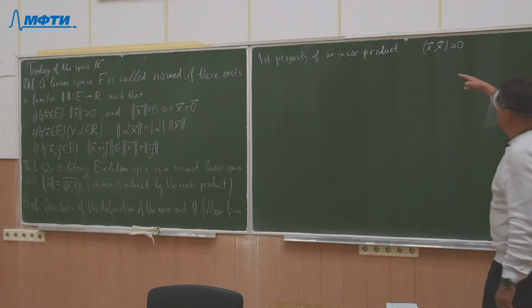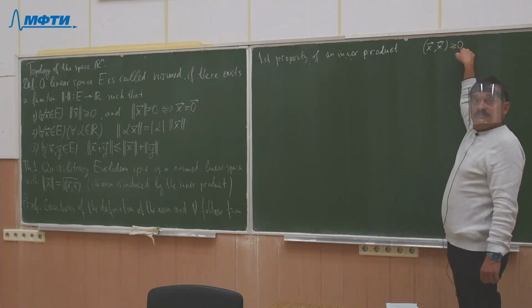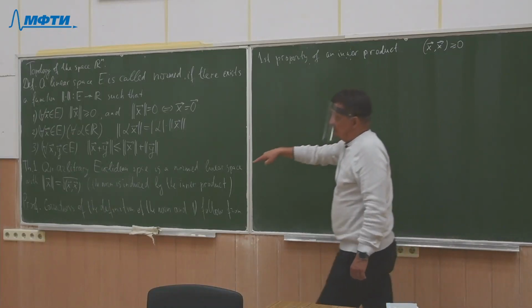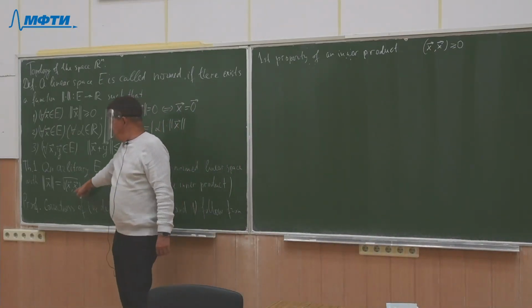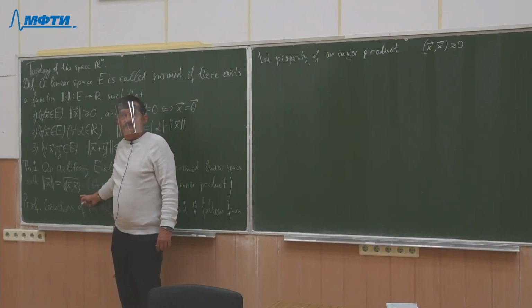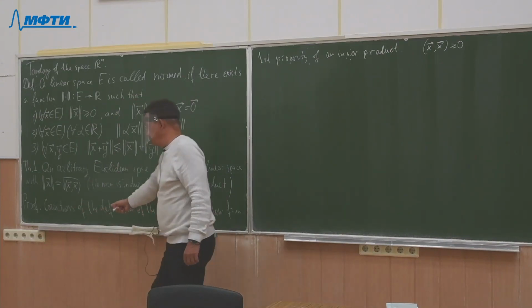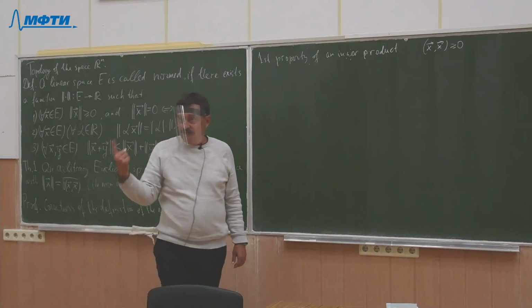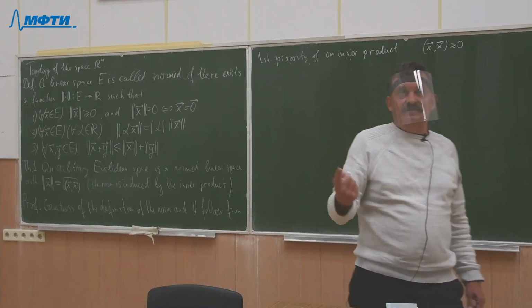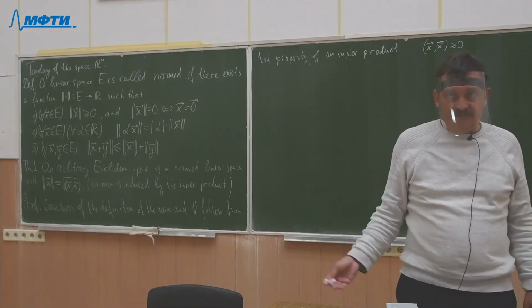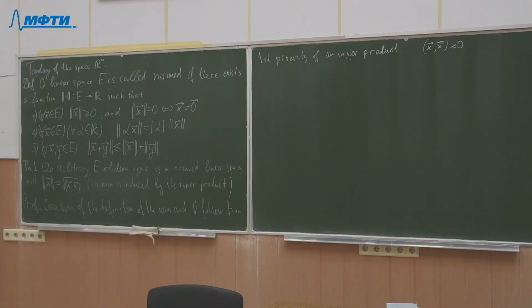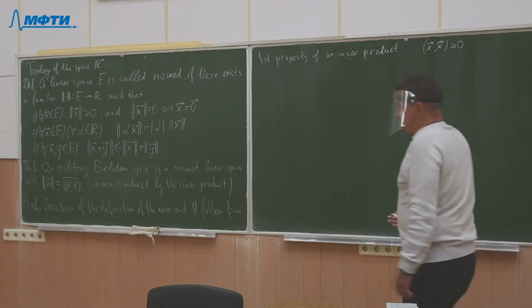Now look, this is always non-negative, hence we can find the square root. That is why I said correctness. So the definition is correct. Indeed, this square root is always defined. So this number is defined.